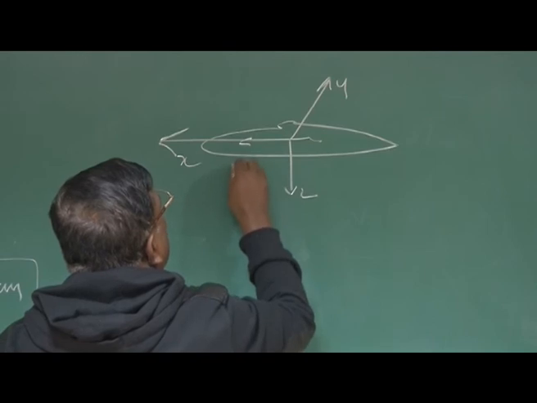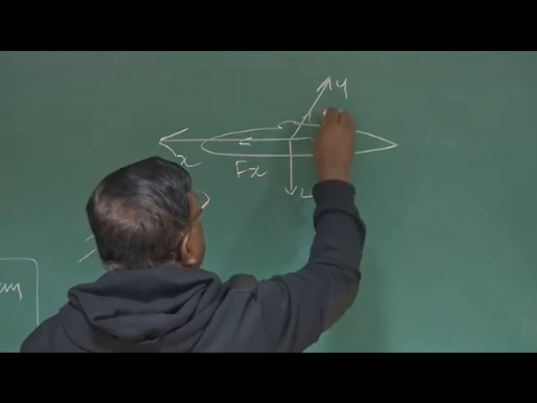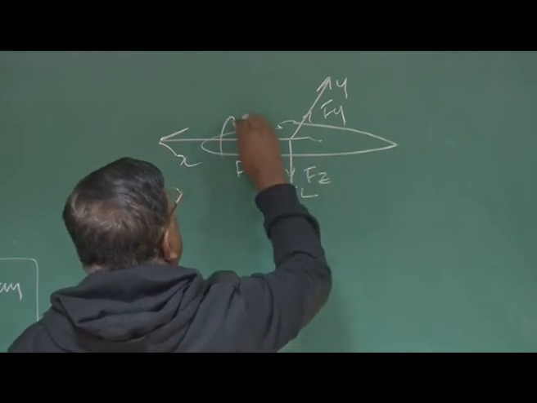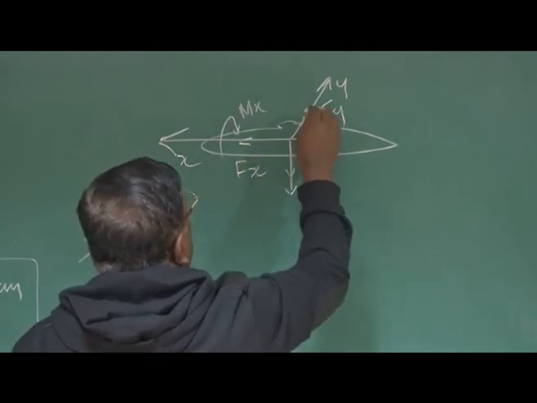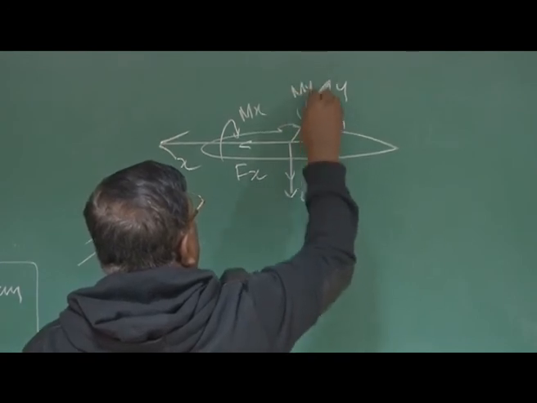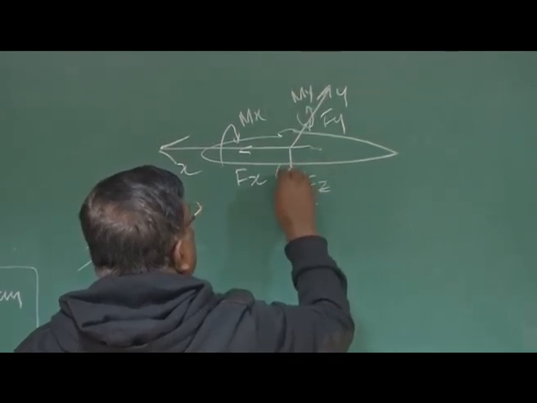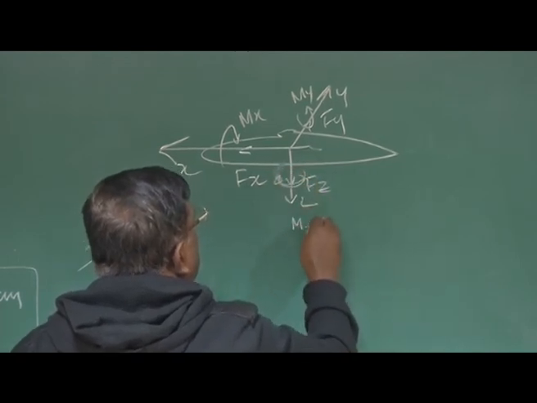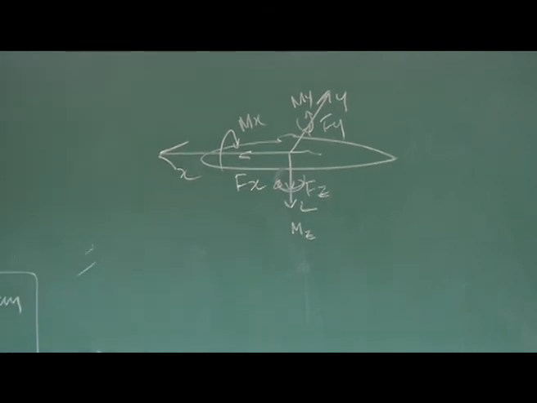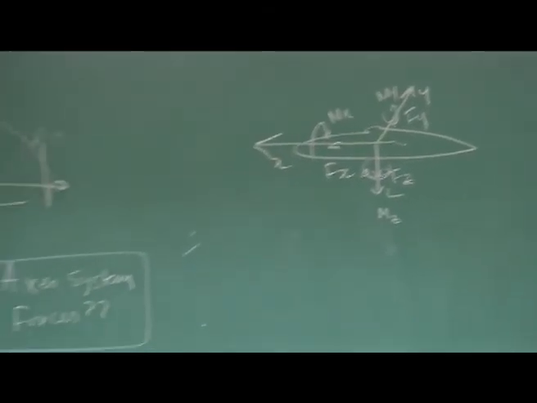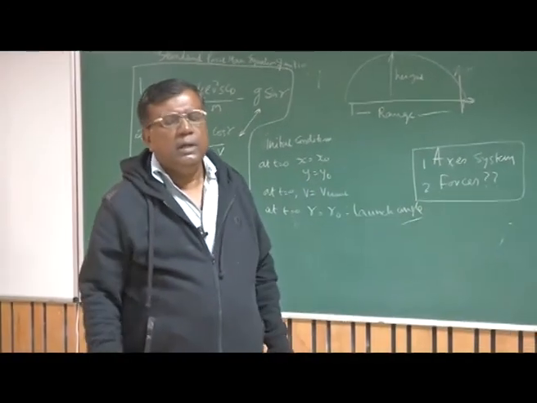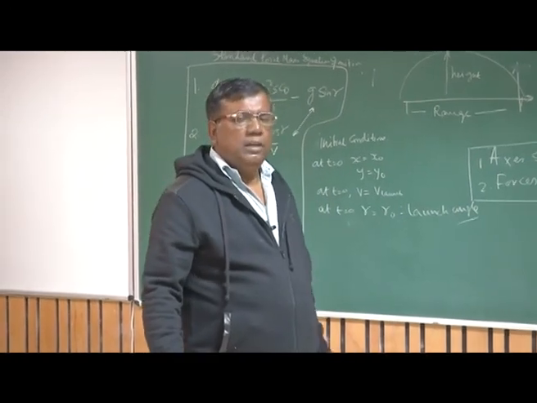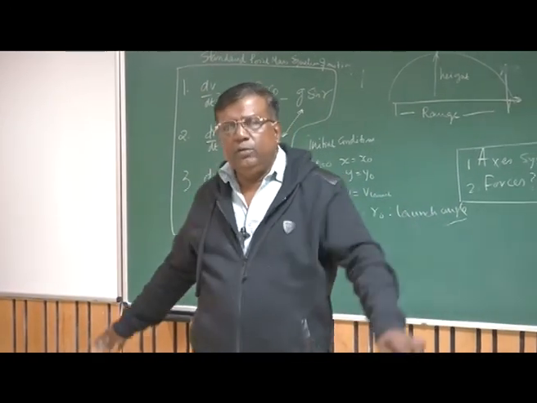So I'll have force along the x direction, I call it Fx, force along y, Fy, force along z, Fz, then moment about x, Mx, moment about y, My, and moment about z, Mz. We know the convention that Mx is positive when the right wing is going down, which is rolling moment. My is positive when the nose is pitching up, and Mz is positive when the right wing is going back.